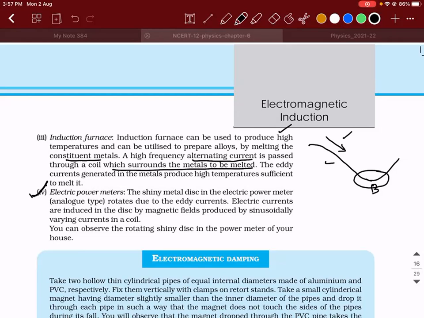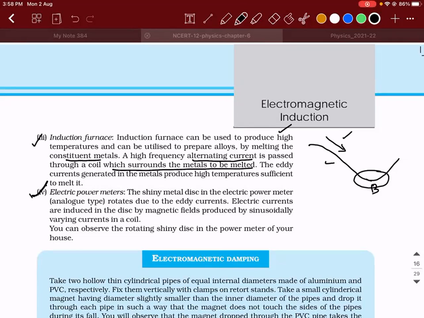What do you mean by alternating current? It means the direction of flux is going to change with respect to time. So when the flux direction changes with time, an EMF gets induced in that metal, and due to that EMF, circular currents, that is eddy currents, get generated in it, and those eddy currents produce heat due to which the metals get melted.